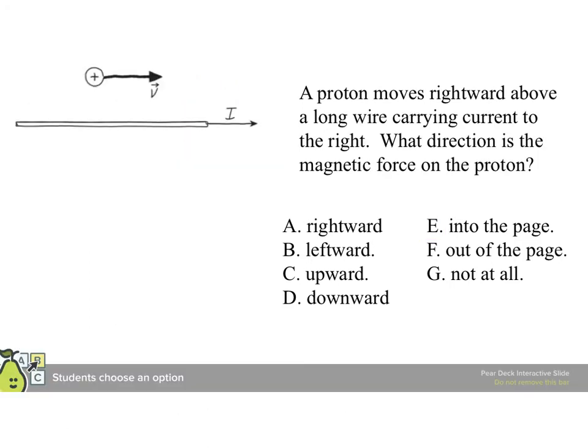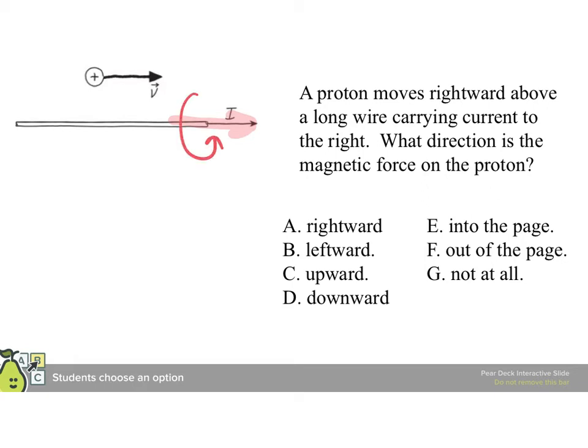All right, a proton moves rightward above a long current wire carrying current also to the right. What direction is the magnetic force on this proton? So we remember that for a current moving this way, we put our thumb along that direction and our fingers curl in the direction of the field, which would be like this.